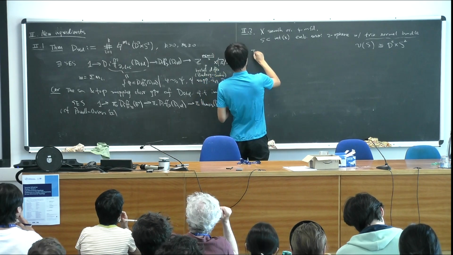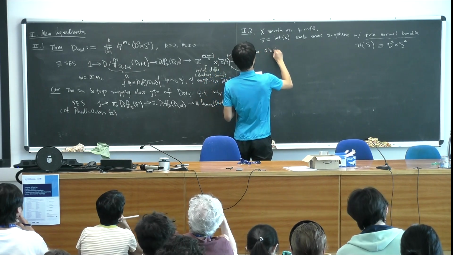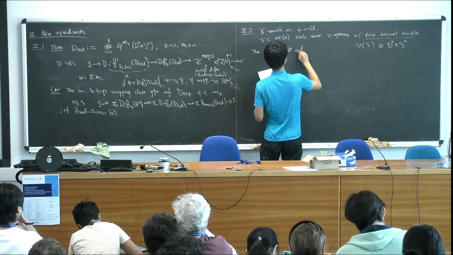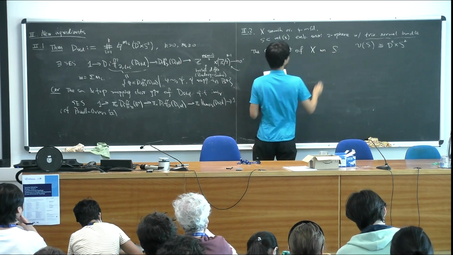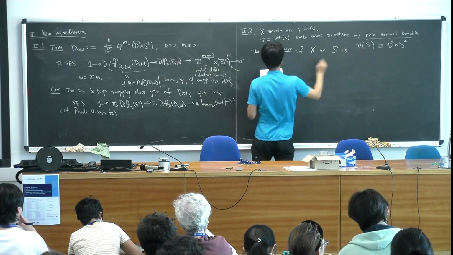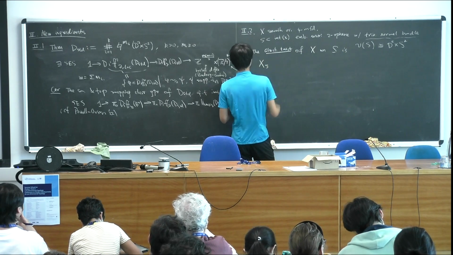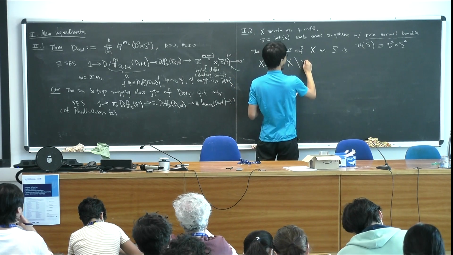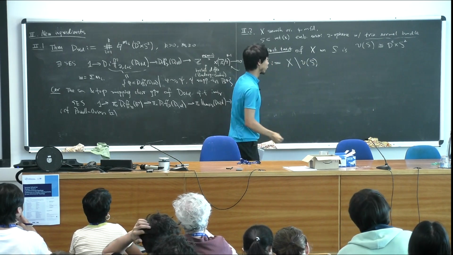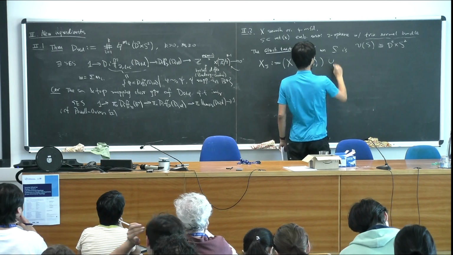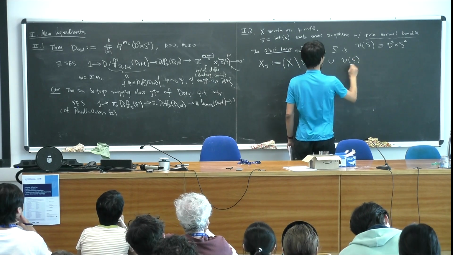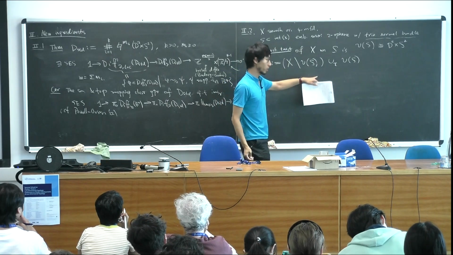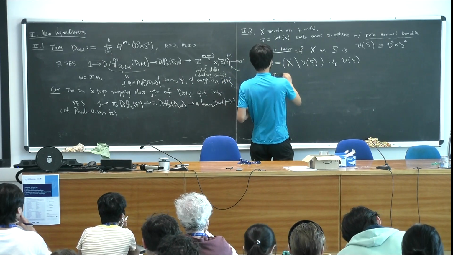The Gauss twist of X on the two-sphere S is a new four-manifold, X sub S, defined by: I delete this tubular neighborhood of my two-sphere S, and I reglue it in by a twist along the common boundary, which is S1 times S2.